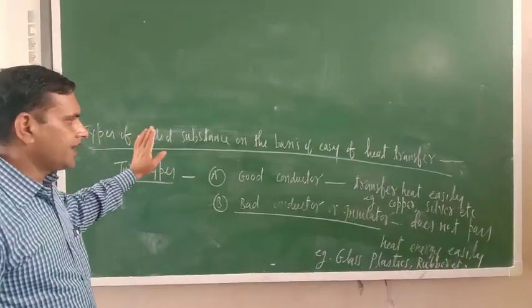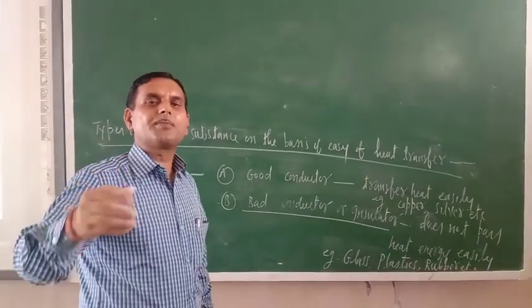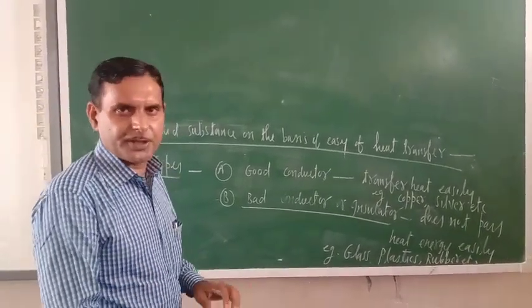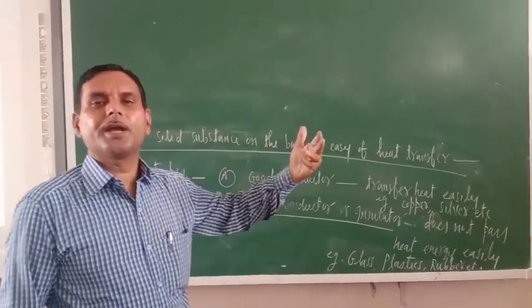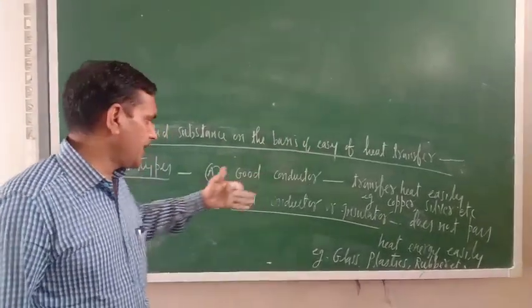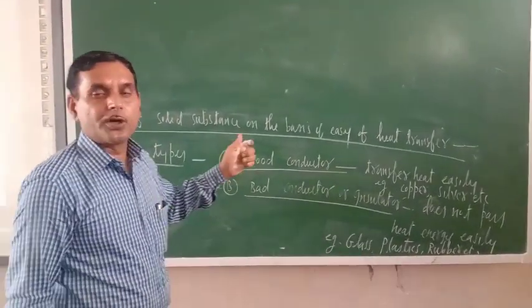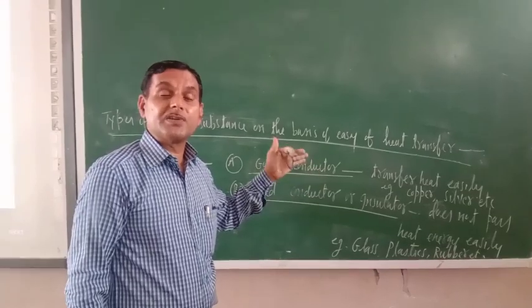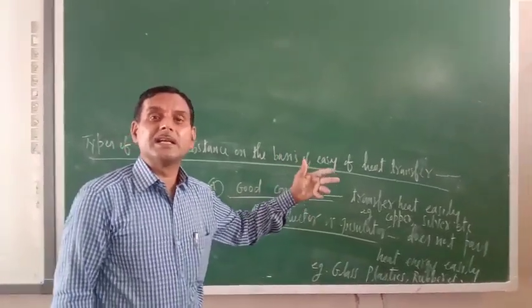Yes, so dear cadets, how many types of substances are there on the basis of ease of transferring heat? The solid substances which easily transfer heat from one end to another are known as good conductors. Good conductors are the solid substances which allow heat energy to pass through them easily.